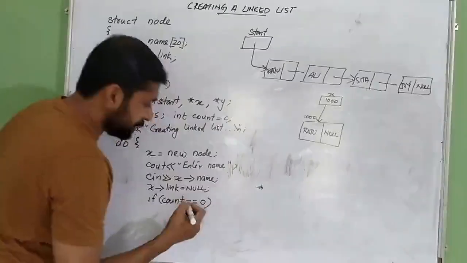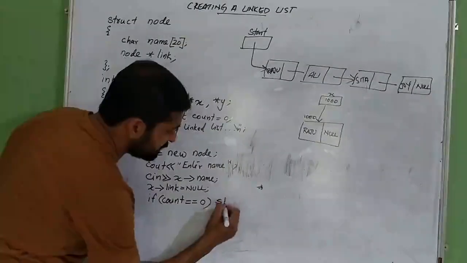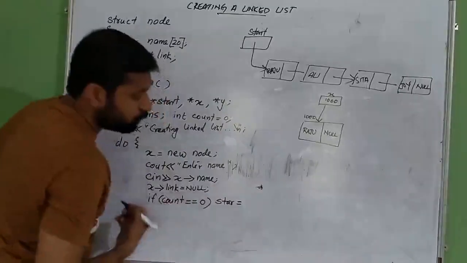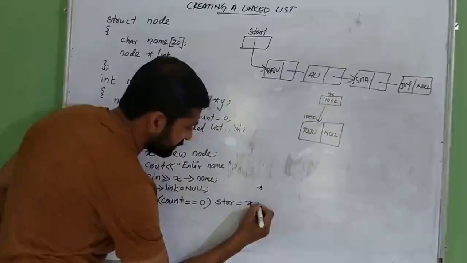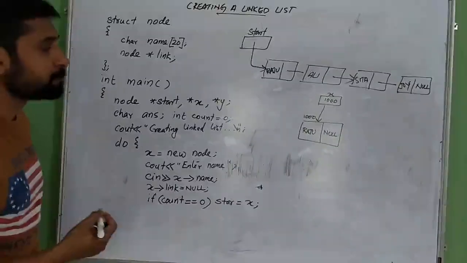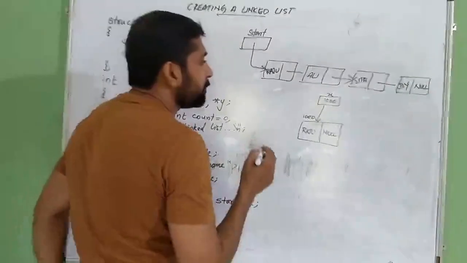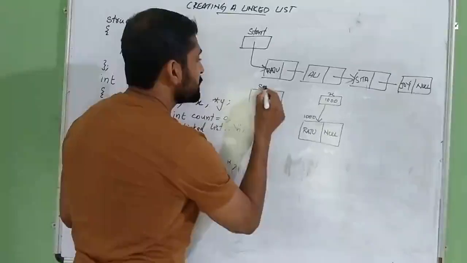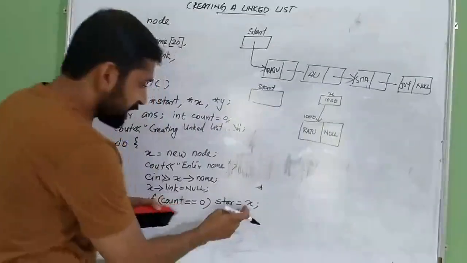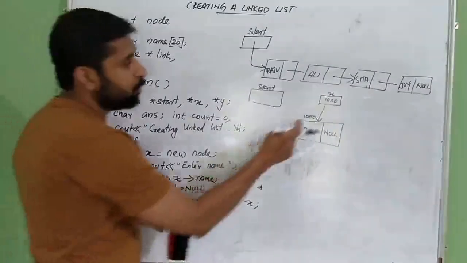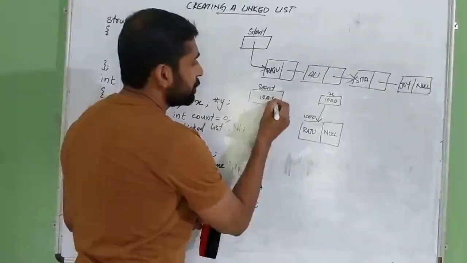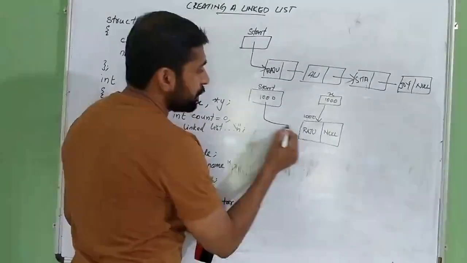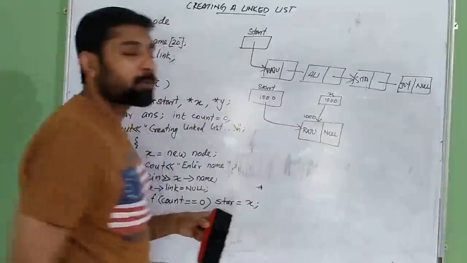What we have to do is start equal to x. What happens? We have a node called start. Start equal to x. What is x? 1000. So start points to this. X is there, no problem.